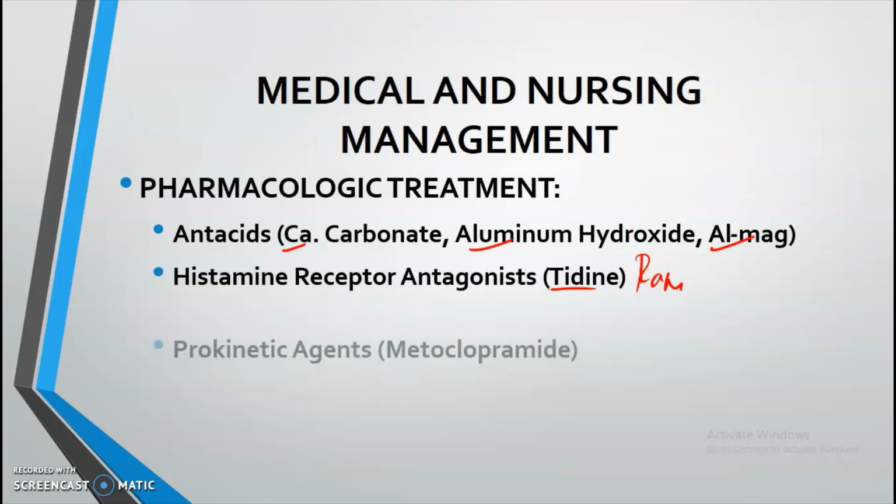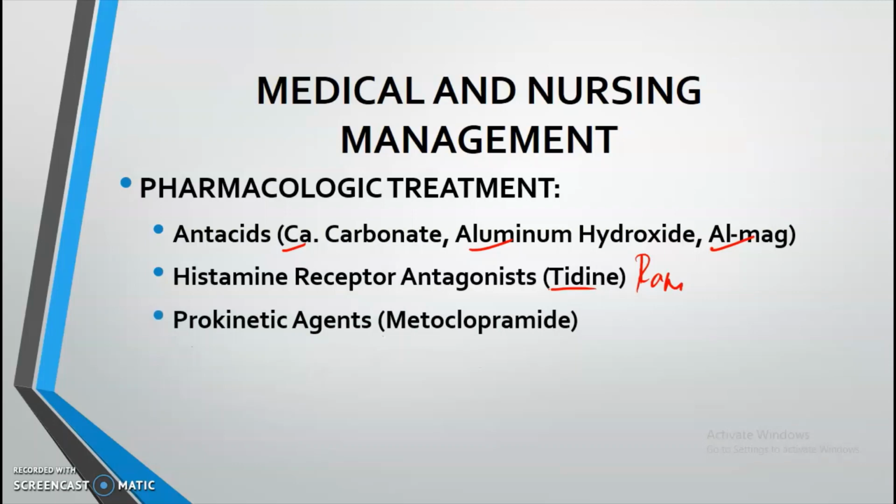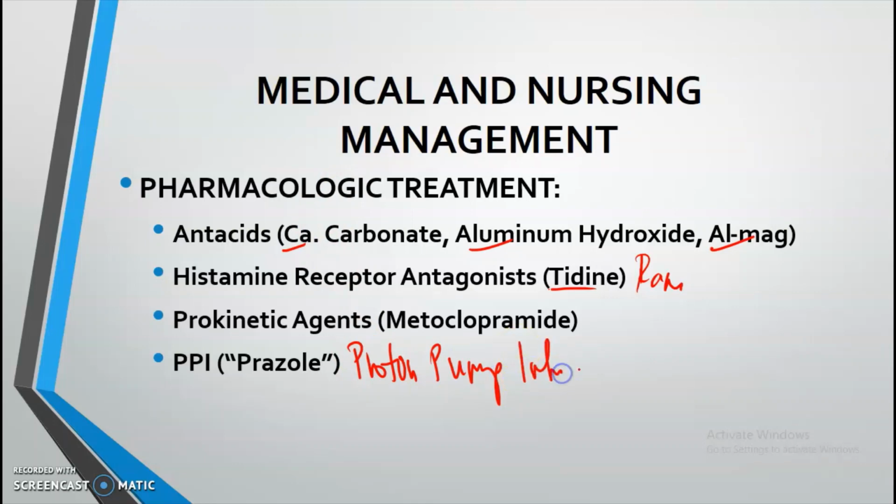Aside from that, the doctor may also order prokinetic agents such as your metoclopramide. Metoclopramide are actually antiemetic drugs, to prevent vomiting or lessen the tendency of regurgitation or vomiting. Aside from that is your PPI or your proton pump inhibitor. So let's write here, PPI or your proton pump inhibitors.